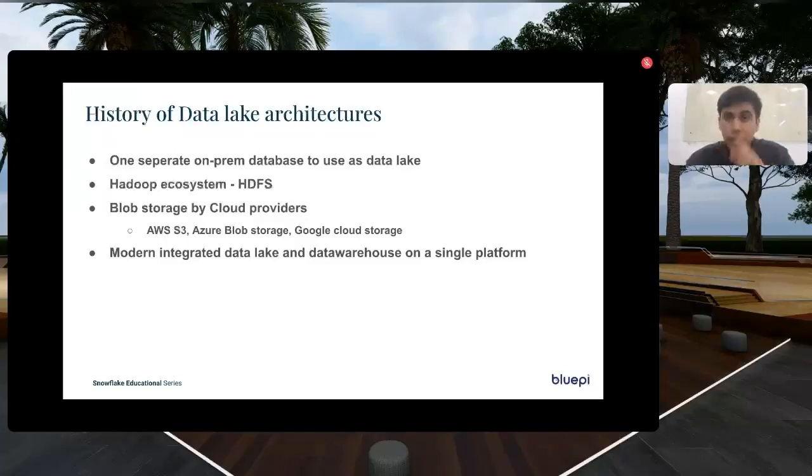But one limitation in this type of storage, if you go for a data lake implementation, is that they store your files in blob storage. What I mean by that is, if let's say you have a table of 1 GB, they will segregate this 1 GB file into chunks of 128 MBs. But then these will not be tables like in your relational database.